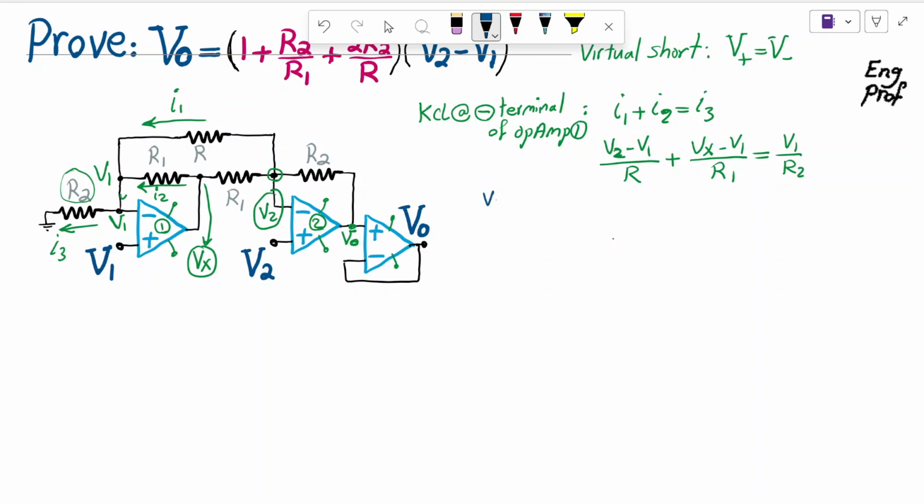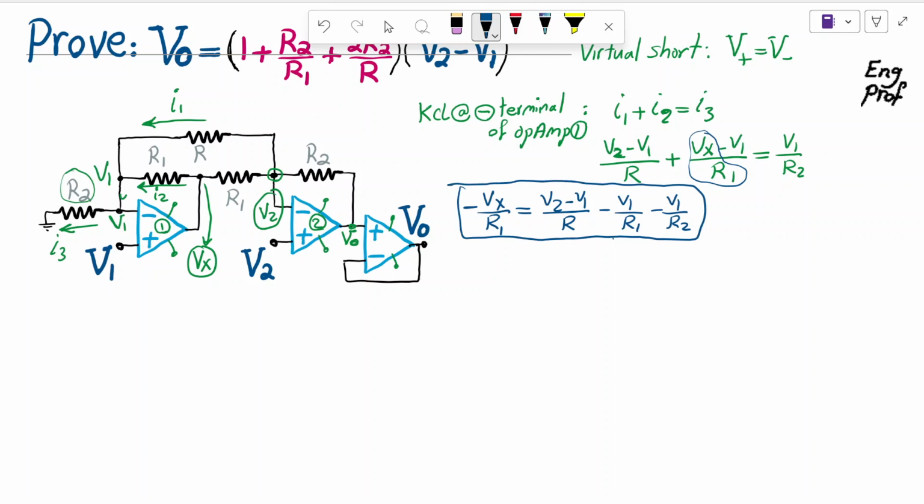I can write it this way: negative Vx over R1 is equal to V2 minus V1 divided by R. I'm just moving Vx over R1 to the other side so that it becomes negative Vx over R1. And then I have negative V1 over R1 and negative V1 over R2. Okay, so let's keep this as equation number 1.